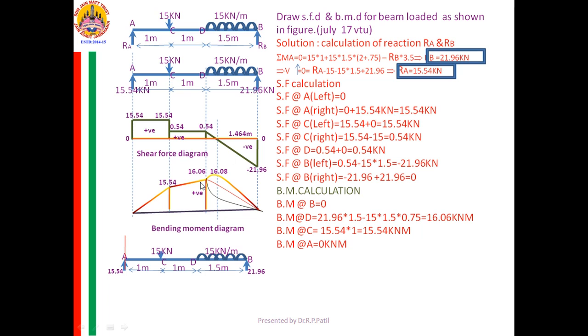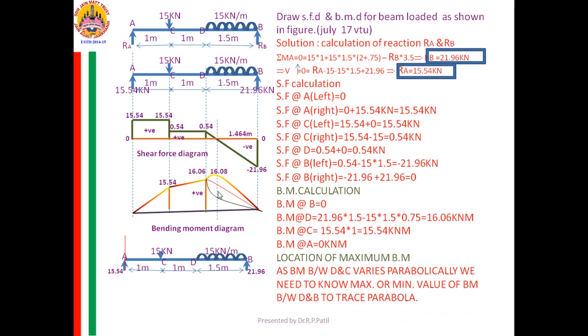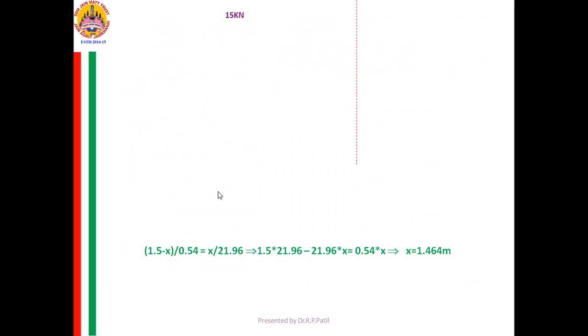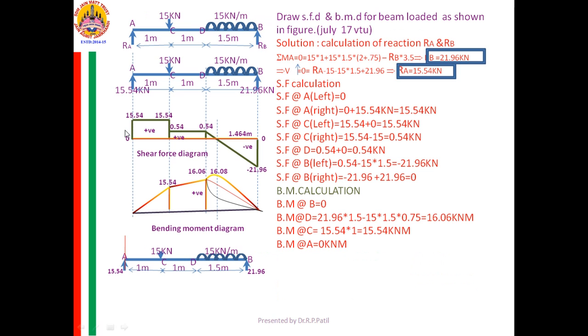Whatever it is, it is greater than 16.06, slightly higher. Therefore, the first curve is the correct one here. Therefore, the bottom two lines you need to remove, and the correct diagram is this one here. That completes the bending moment diagram.